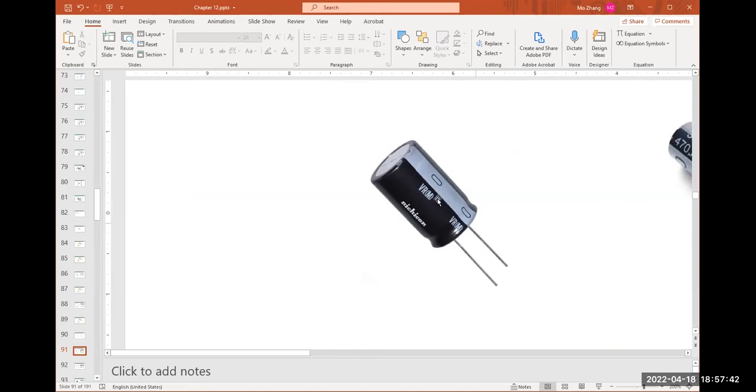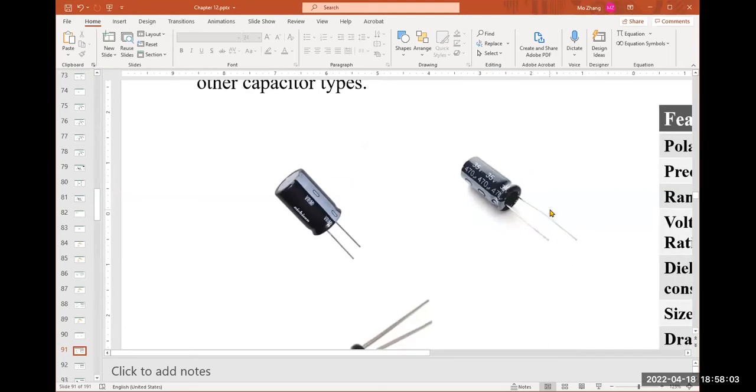The leg connected to the strip with the minus sign, this is not a bubble, not a circle, not an oval, it's a minus sign, means this leg connects to the lower voltage in the circuit. The other leg connects to the higher voltage of the circuit. And sometimes we can easily see based on the length of the legs.